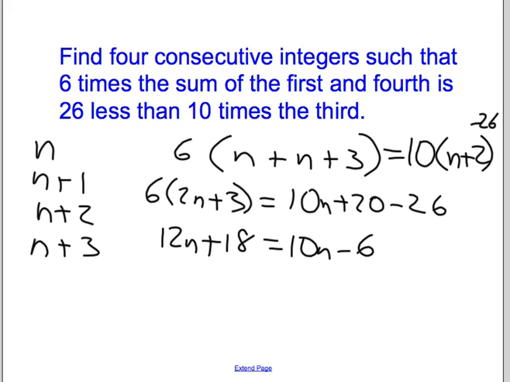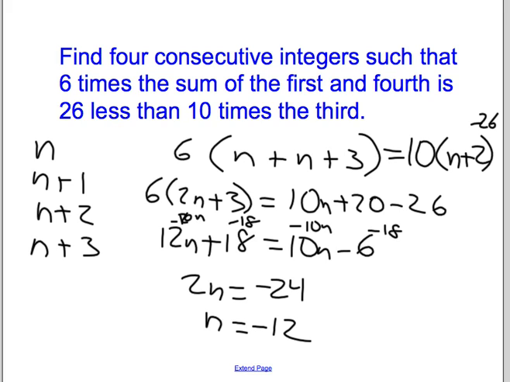So I'm going to subtract 10n, and then subtract 18. 2n equals negative 24, and n equals negative 12.